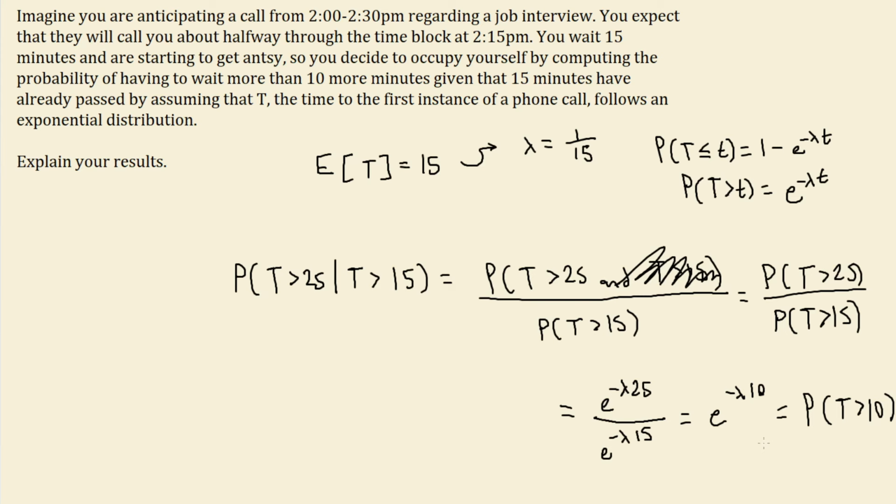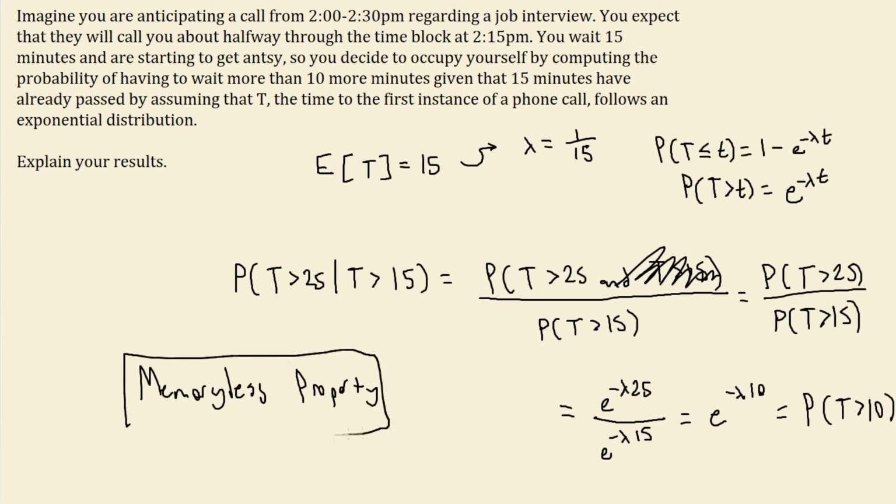And so this property is called the memoryless property. It's kind of a hard way to say, memoryless property. And this tells us that it doesn't really matter how long we waited. That doesn't do anything for us.